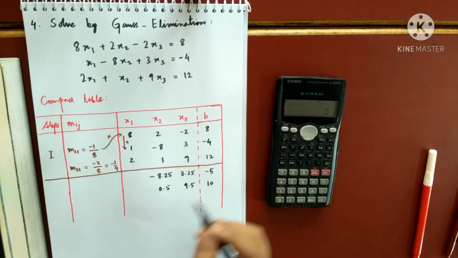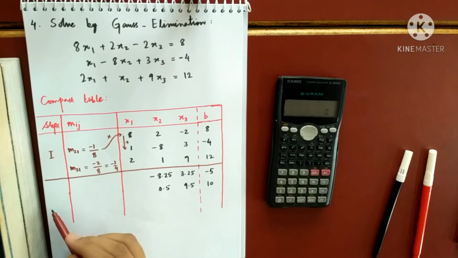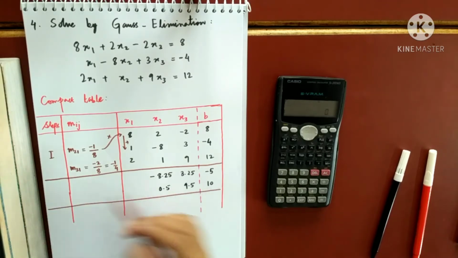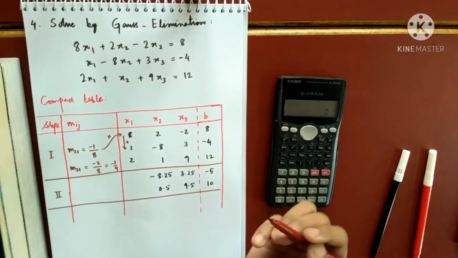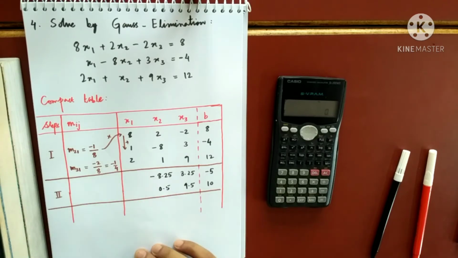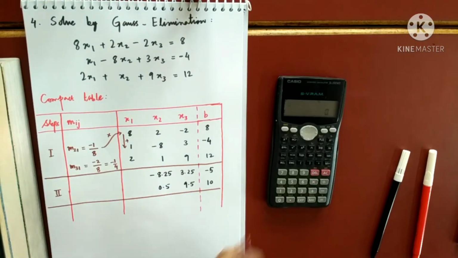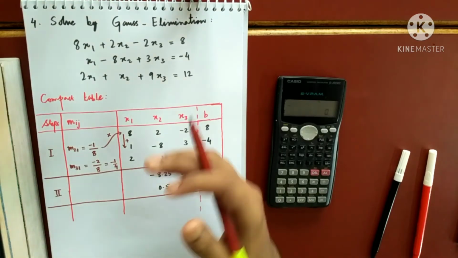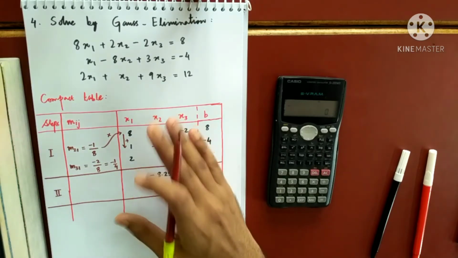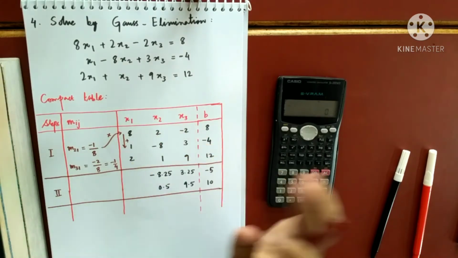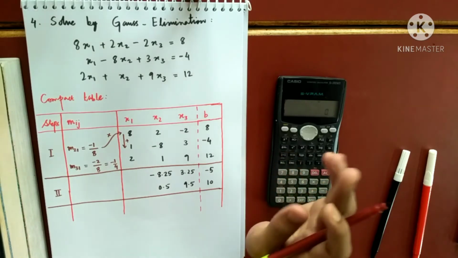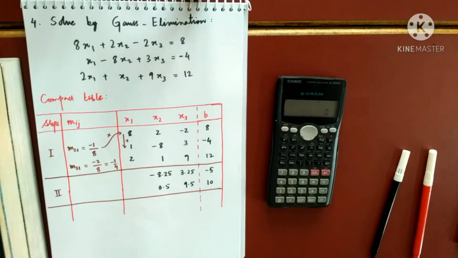So this is the end of my second step. And this I have successfully eliminated x1 from the second and third equations using the first one. If you have any confusion up to here, feel free to ask.